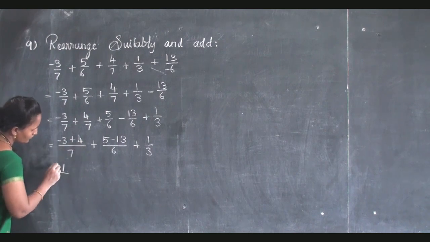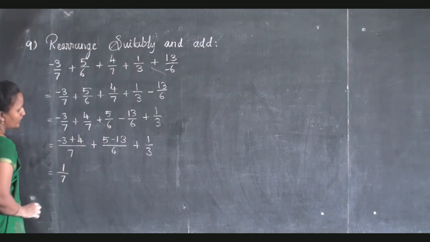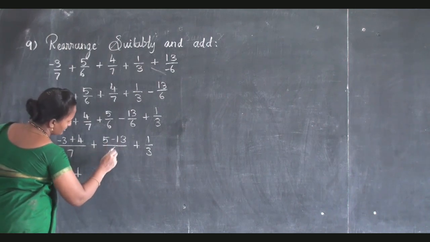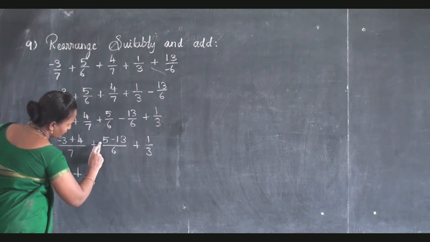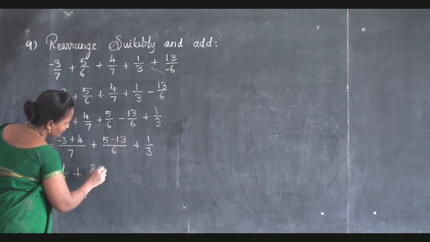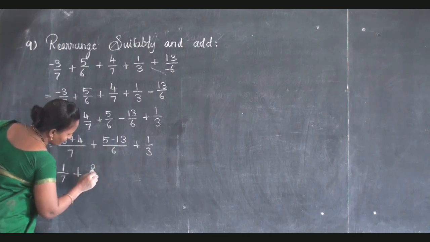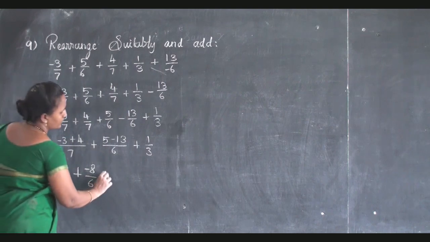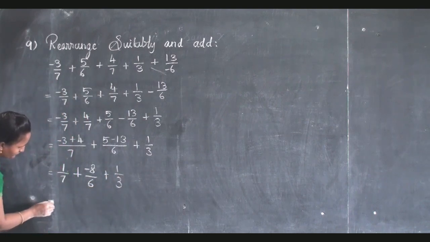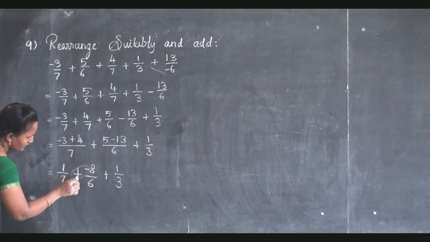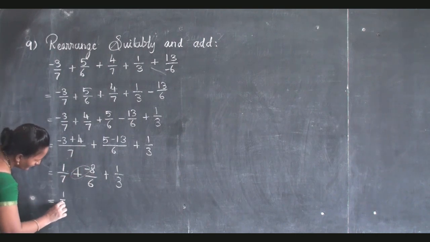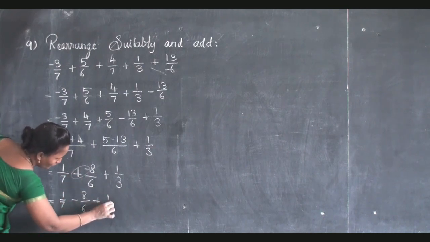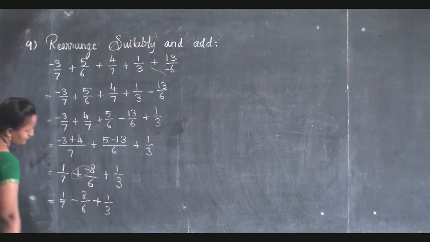Plus 4 is greater, so plus sign is here: 1 by 7 plus 5 minus 13. Subtraction, how much? 8. 13 is greater one, so that sign is minus, and 1 by 3. Now here also two signs, so multiply those: 1 by 7 plus into minus minus 8 by 6 plus 1 by 3.